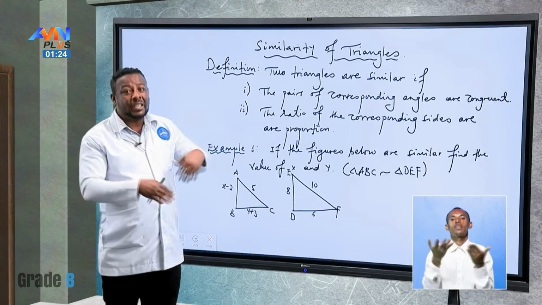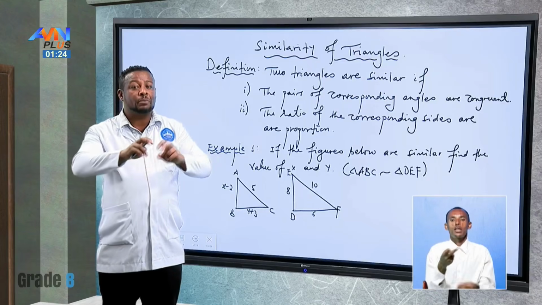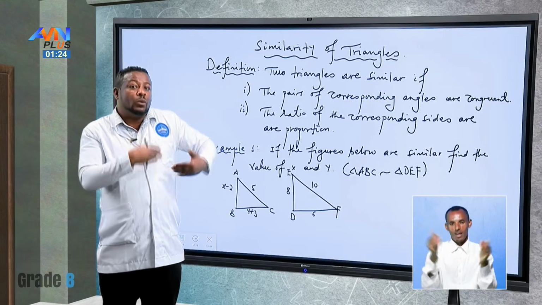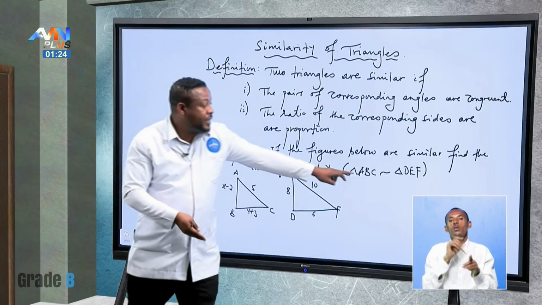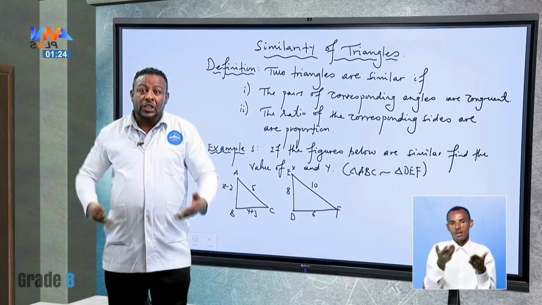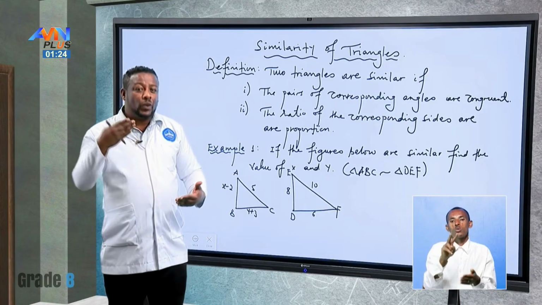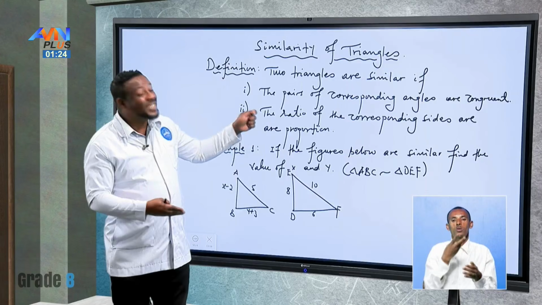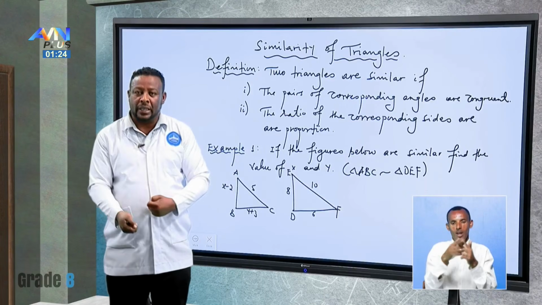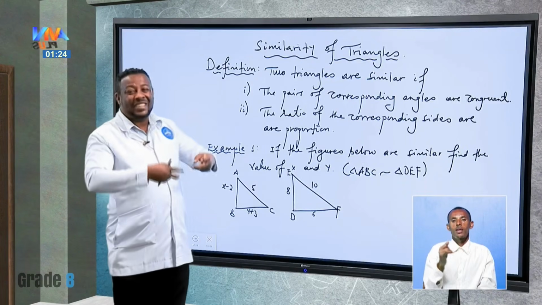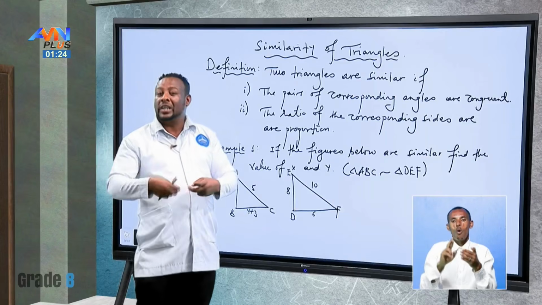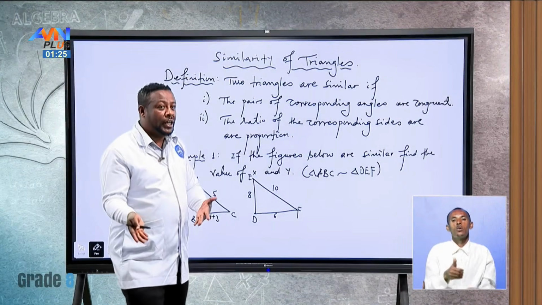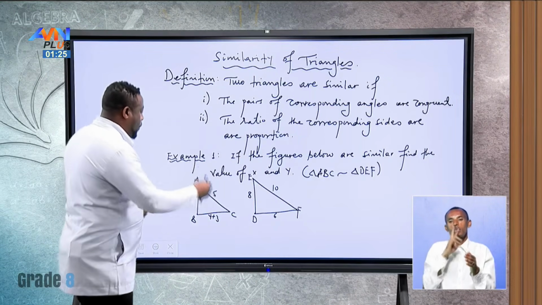The first one is about the pairs of corresponding angles must be congruent. For the time being, we don't need that because it says the two triangles are similar. So the main thing that we need to apply here is the second condition for similarity. It talks about the ratio of all pairs of corresponding sides being proportional.